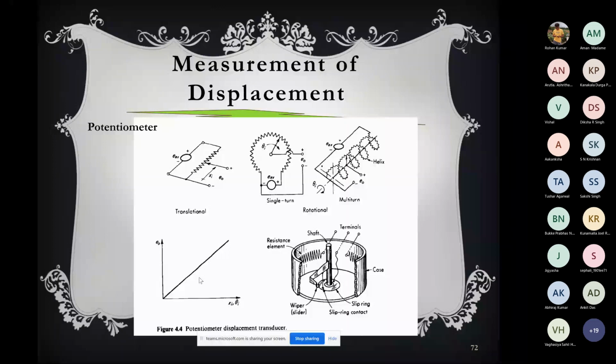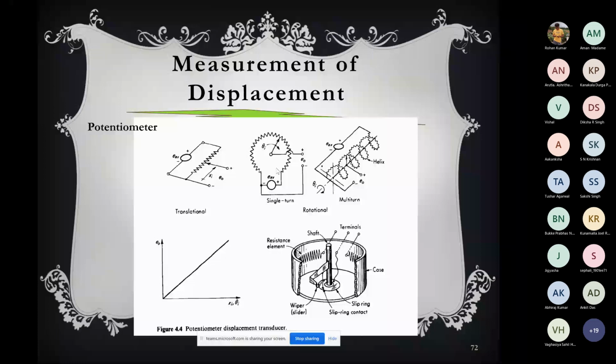Now let's come to the second figure. This is also a potentiometer, but it is the rotational potentiometer. Here the input voltage Eex, a DC voltage, is applied across the resistance, which is arranged in a circular fashion.